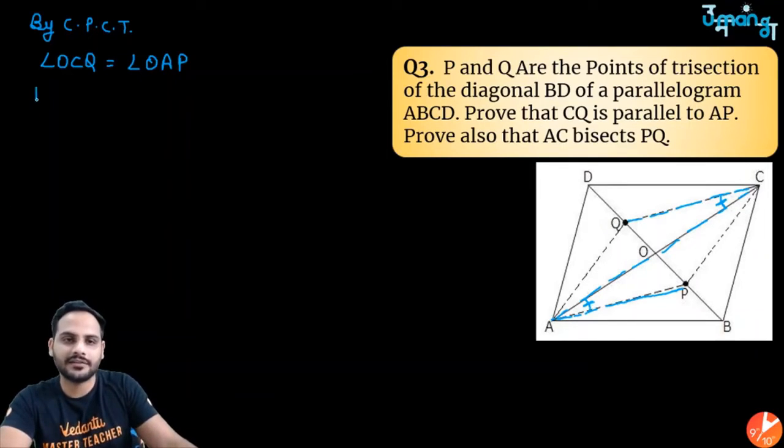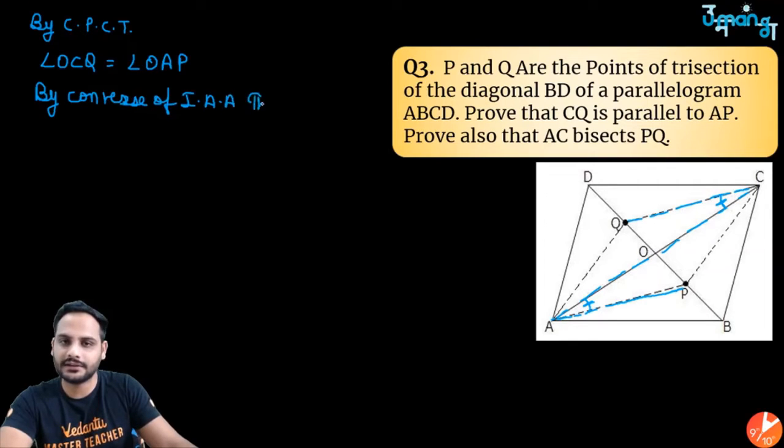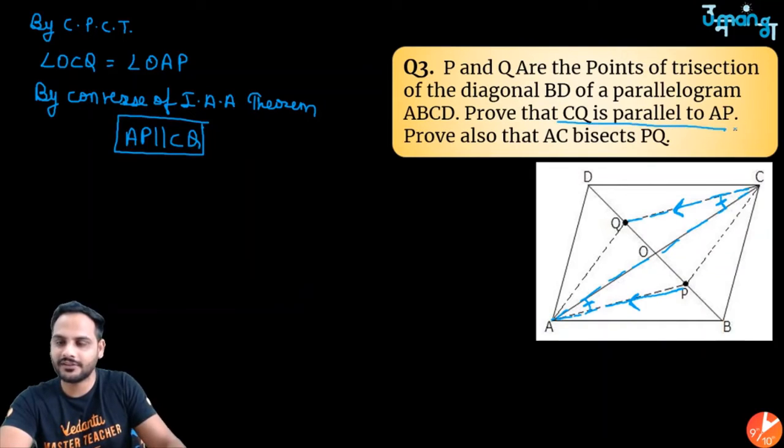So I can clearly say by converse of interior alternate angle theorem, since interior alternate angles formed are equal, the lines must be parallel. So this line will be parallel to this line. So we can clearly say AP is parallel to CQ. ठीक है बेटा, first result is done.